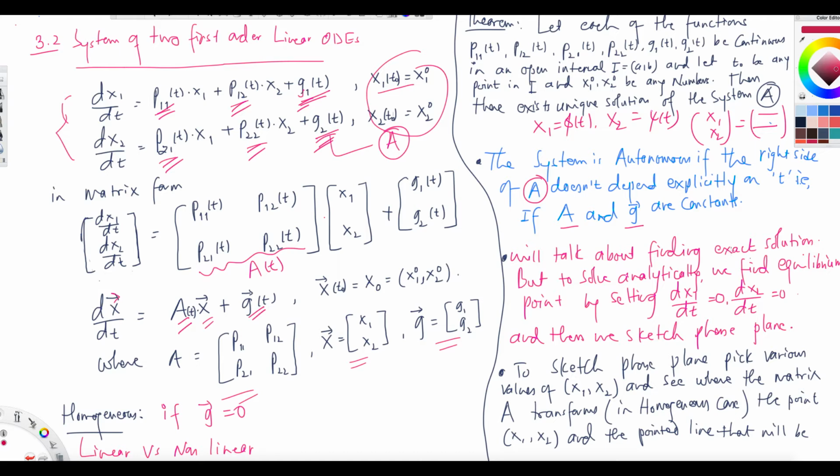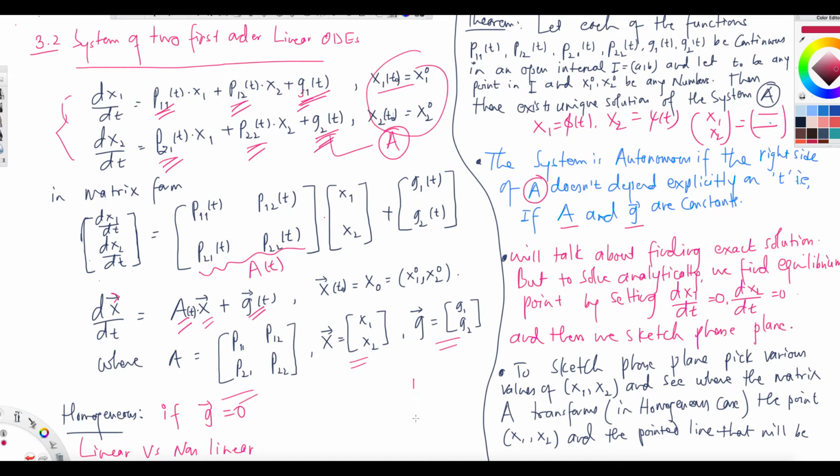We will talk about finding the exact solution later, but to solve analytically we find equilibrium points first by setting dx1/dt equals 0 and dx2/dt equals 0, and we will also sketch the phase plane. What do we mean by phase plane and how do we draw it? To sketch the phase plane, pick various points (x1, x2).